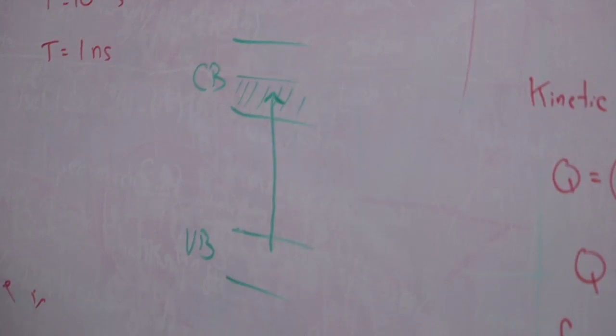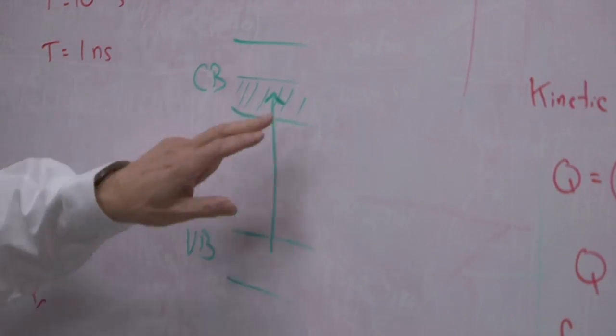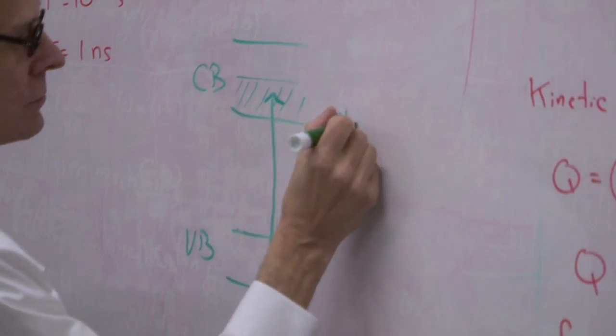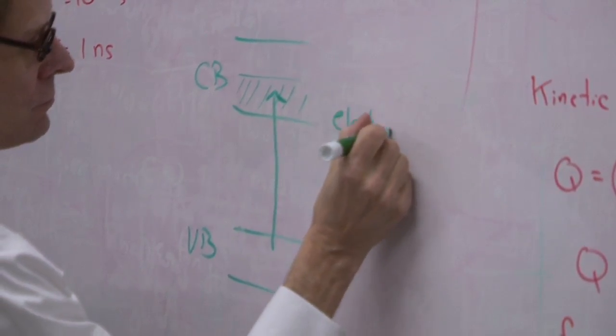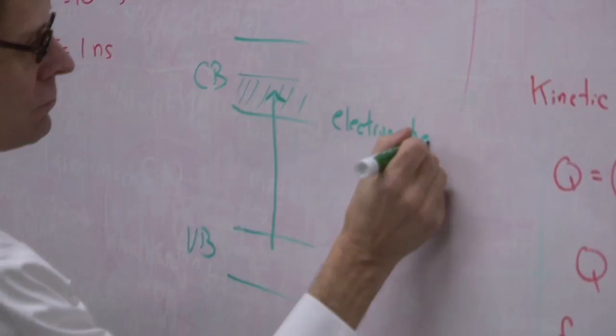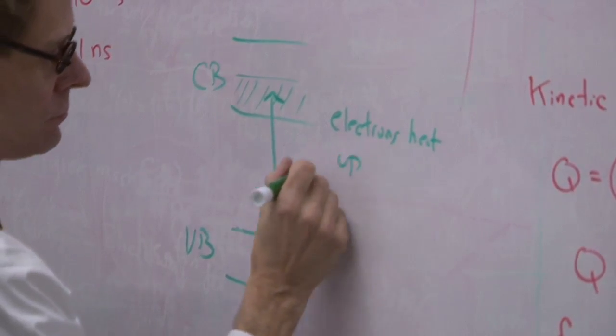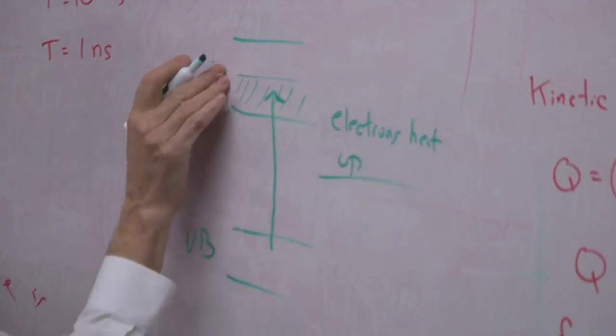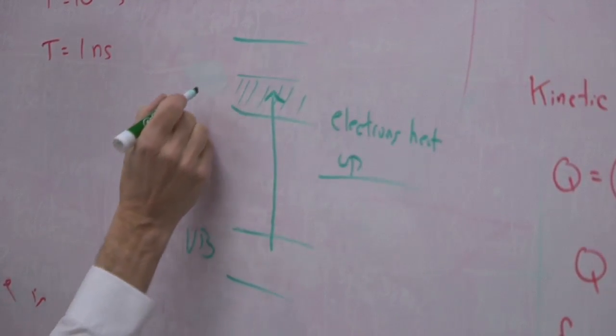Well, what doesn't get reflected gets absorbed. It heats up the electron. But the electrons have to obey a Fermi-Dirac distribution. So that changes the electron distribution.